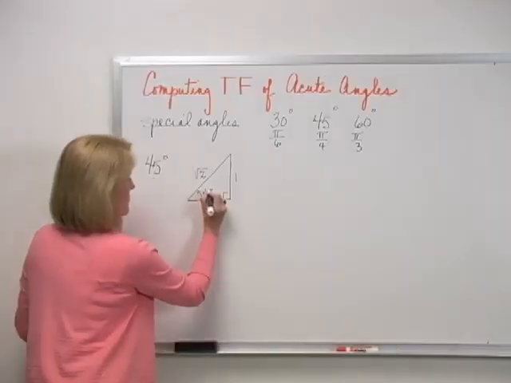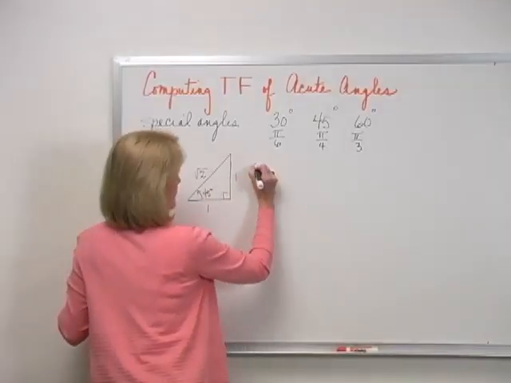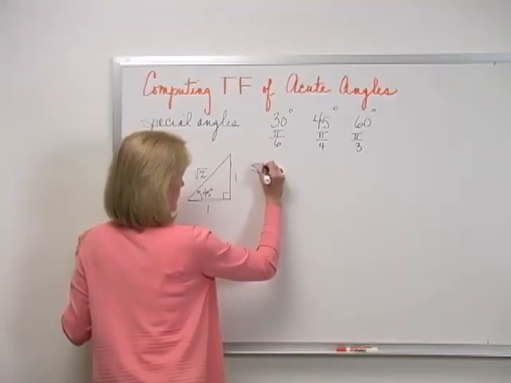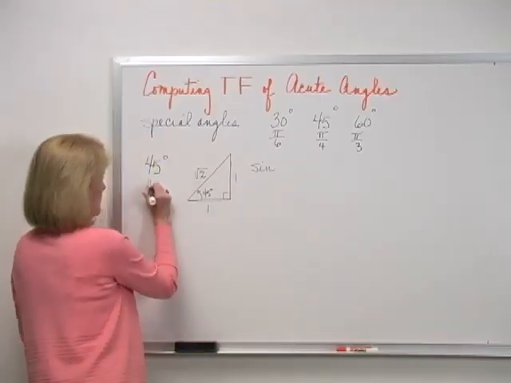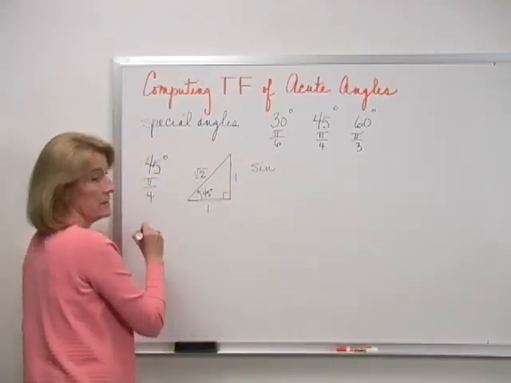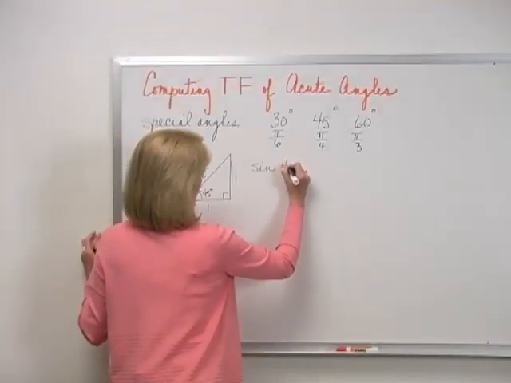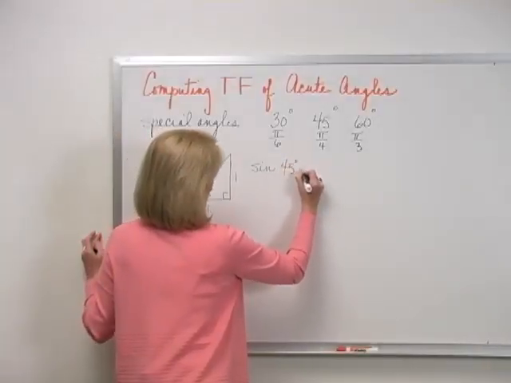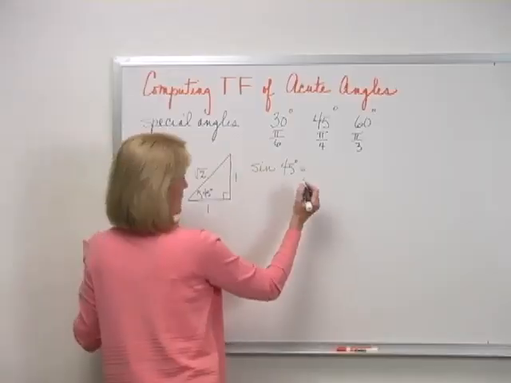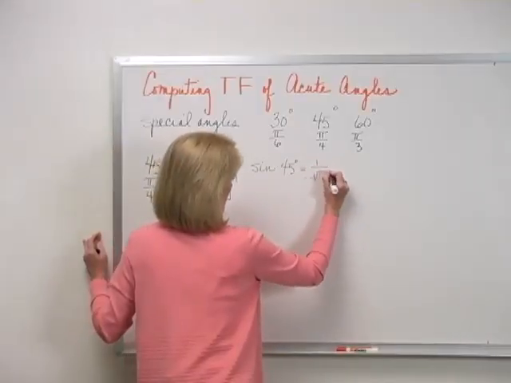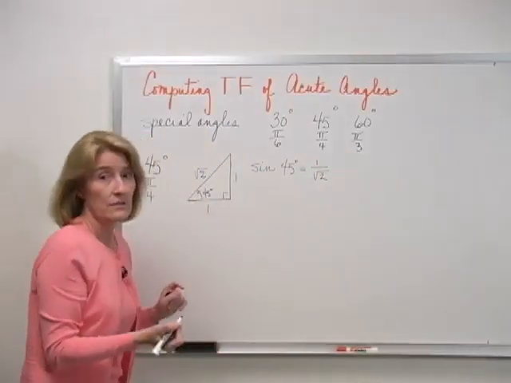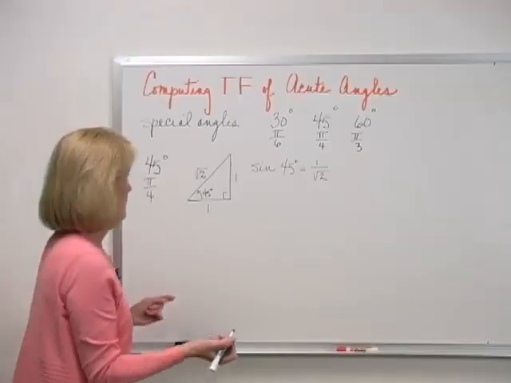So let's see what we have. Okay, well, we know that the sine, and of course this is pi over 4, and you want to think in radians as well as degrees. So we say that the sine of 45 degrees is the opposite over hypotenuse. And again, there is no need to rationalize unless you are specifically told to do so.